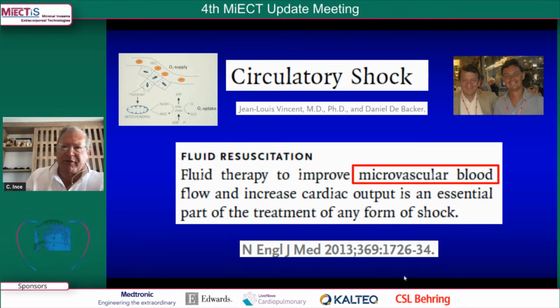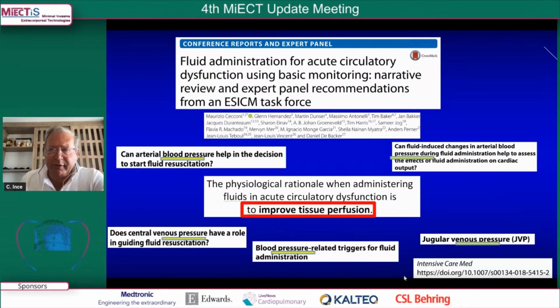But yet there is no direct bedside technique available which directly looks at the movement of red blood cells. And if we look at the different task forces and consensus statements, all agree that the most important thing is to improve tissue perfusion, yet pressure measurements are used as surrogates.